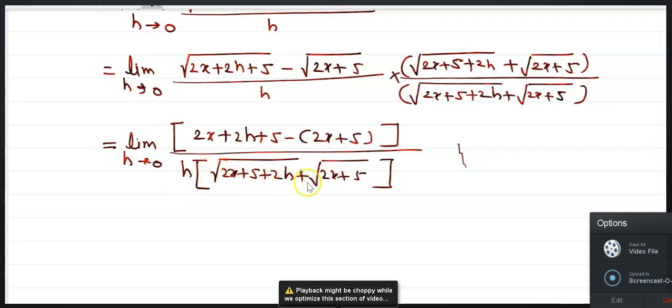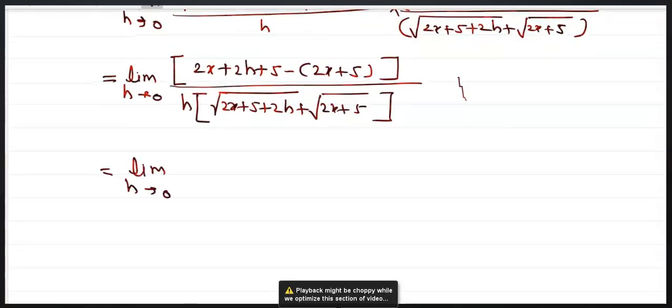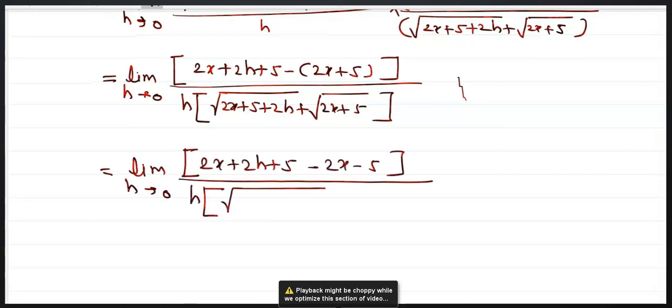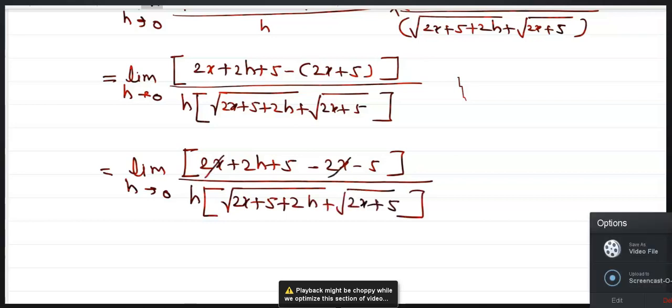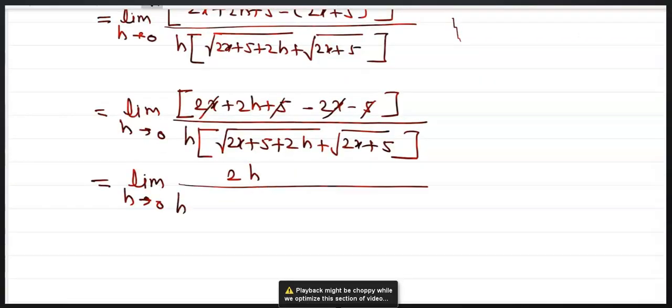Now simplify this. After the cancellations, 2x minus 2x gets cancelled, plus 5 minus 5 gets cancelled. Limit h tends to 0 of 2h upon h in bracket under root of 2x plus 5 plus 2h plus root of 2x plus 5.